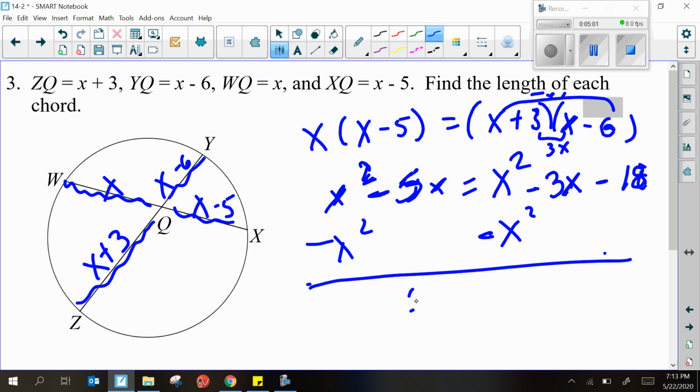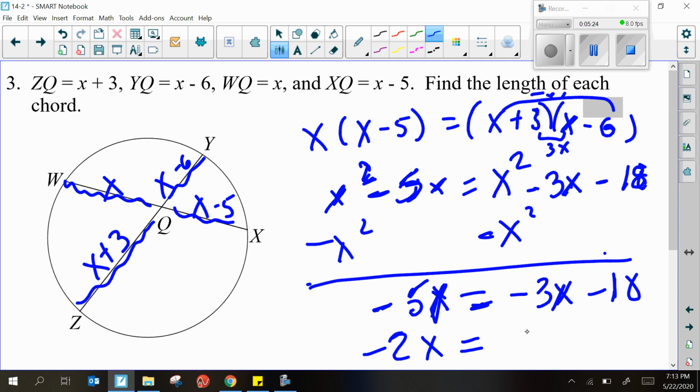I have negative 5x equals negative 3x minus 18. So now I'm just going to add 3x to both sides and get negative 2x equals negative 18. Divide by negative 2, x is 9.